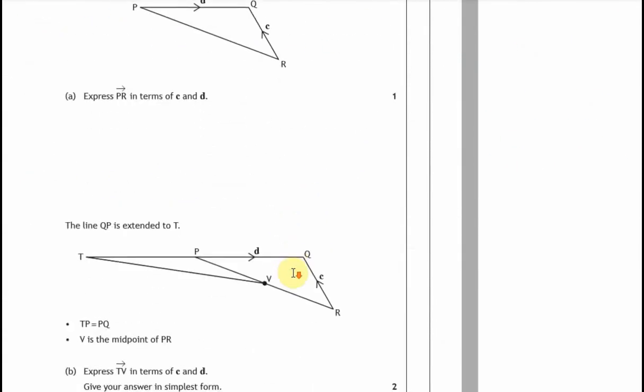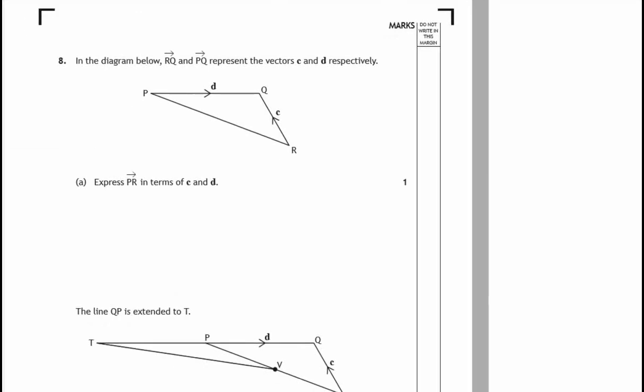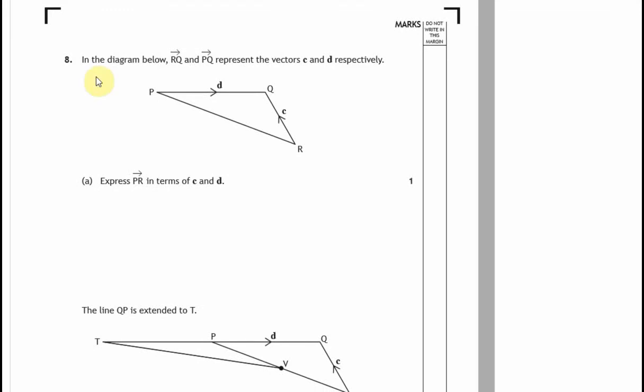All right. Question 8. How much time we got? Loads of time. You will notice that it takes me longer than the allocated time to go through one of these papers. Probably not by a huge amount actually. It was about 12 minutes of video.